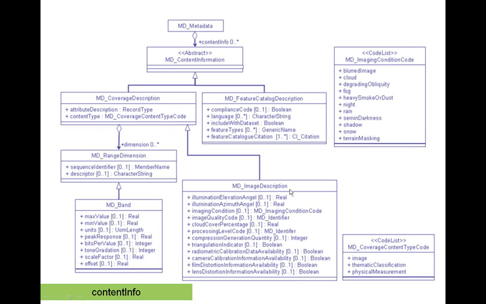And we can also talk about the image description, if there's cloud cover, processing levels, and all of that type of information. So this goes through and really talks about my attributes and my coverages that are in my data in more detail. Again, I can cite a lot of the coverages here, or I could link out to the feature catalog that I can use over and over again.